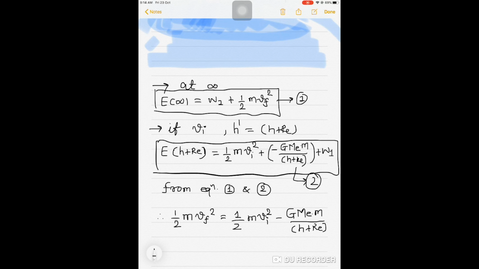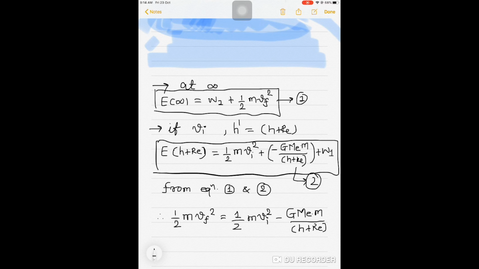Now when we compare them, obviously the LHS is a positive quantity with a minimum value of 0, and hence so must be the RHS.